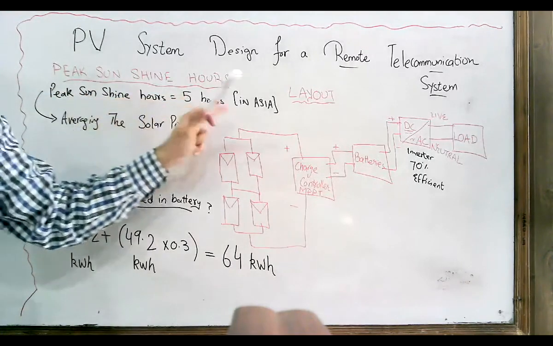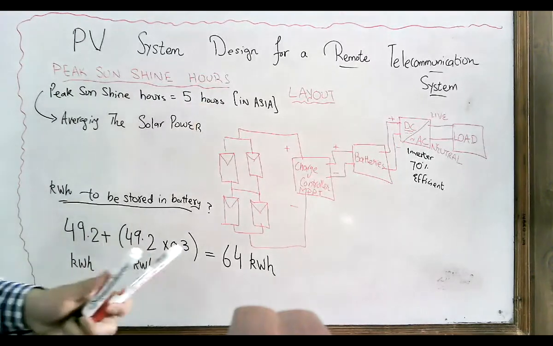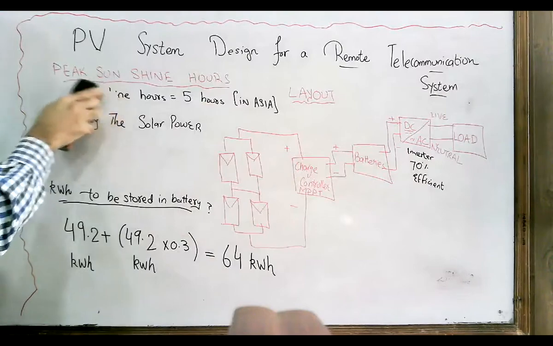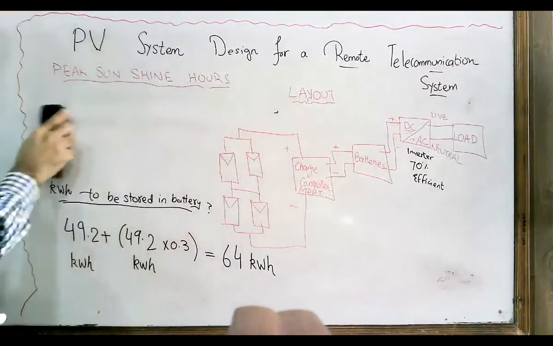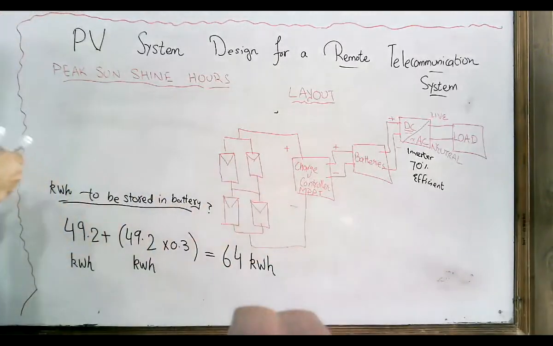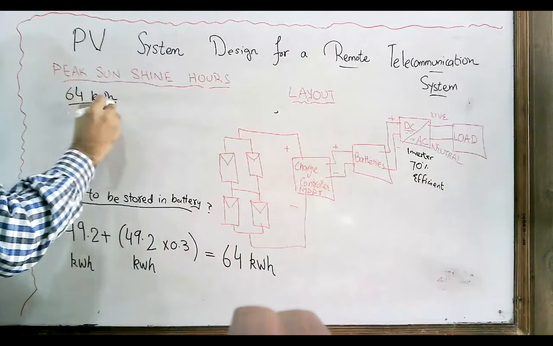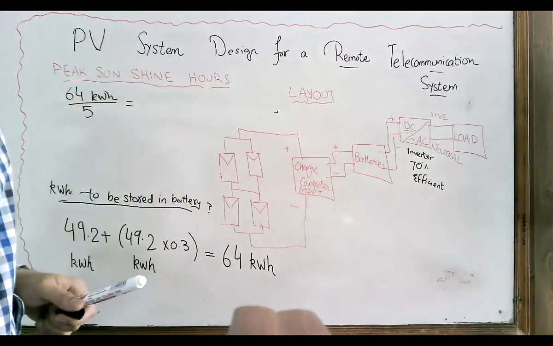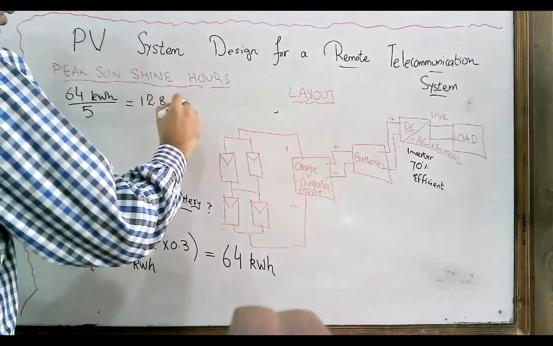So we are going to divide this 64 kilowatt hours by 5. It comes out to be 12.8 kilowatt.